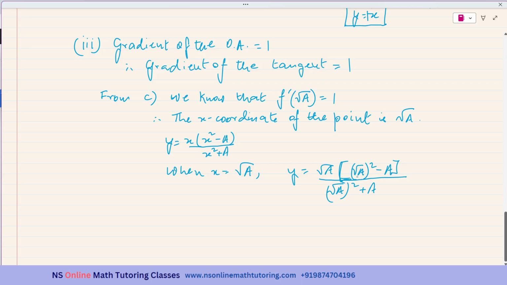And now you see root a whole squared is a, minus a. This part is equal to 0. So the y value is equal to 0. Therefore, the point is root a comma 0. Okay, so this is our final answer.